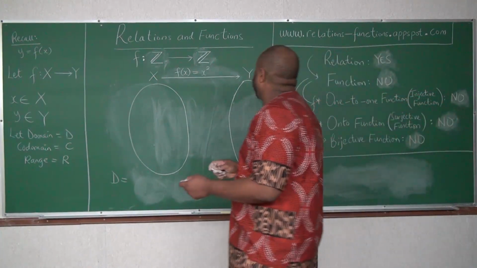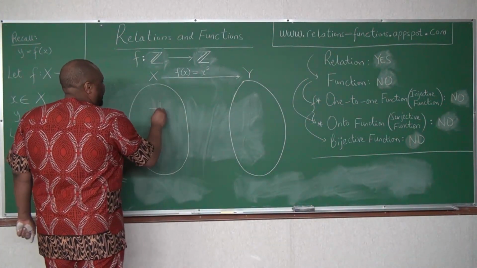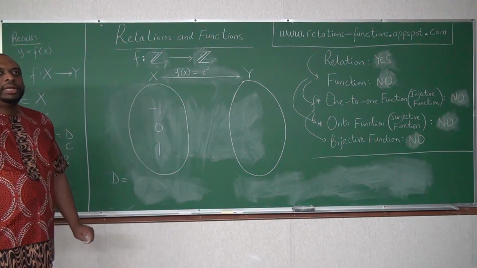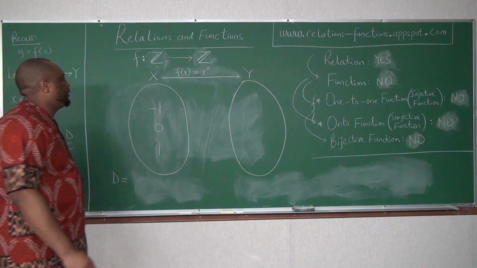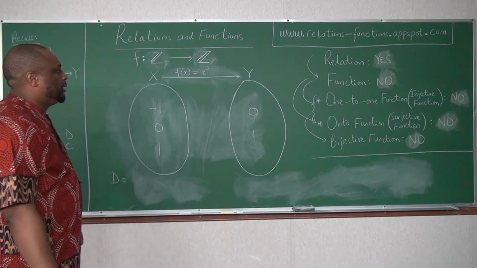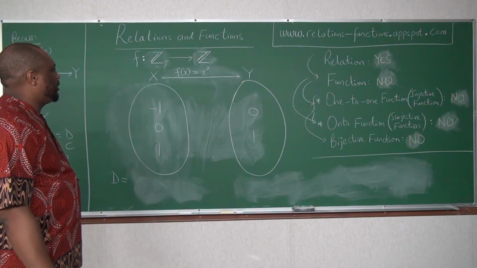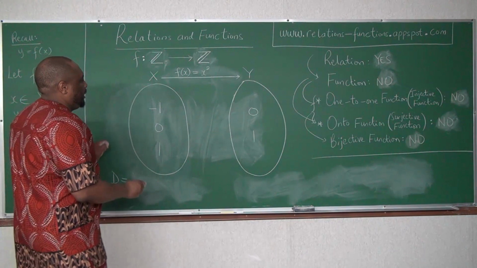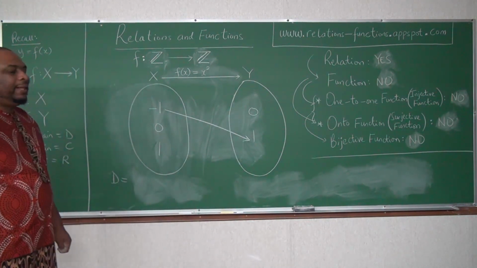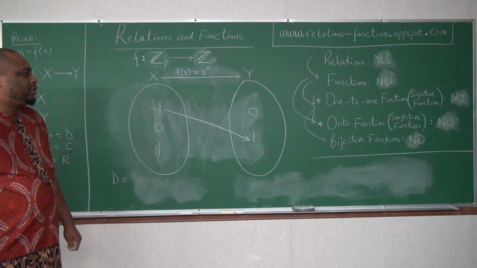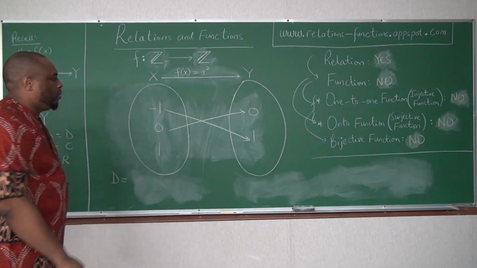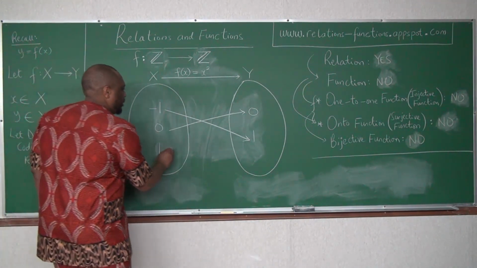So if we have here -1, 0, 1: -1 all squared is 1, 0 all squared is 0, 1 squared is 1.